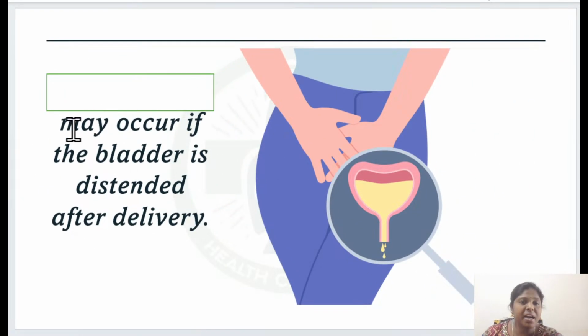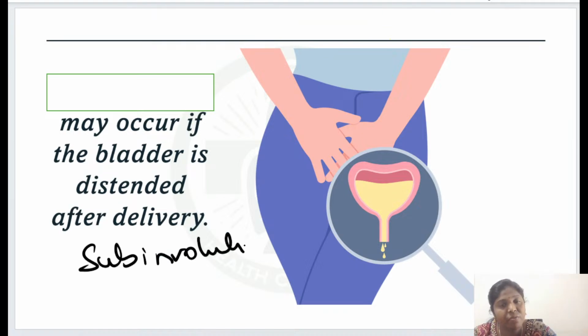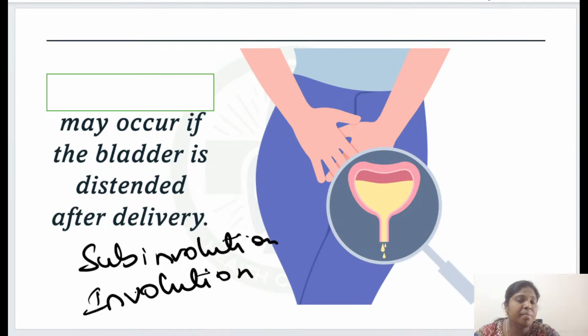Okay. Dash may occur if the bladder is distended after delivery. So what will occur? Whether it is subinvolution or involution? Earlier we discussed the uterine organs going back to the pre-pregnant state in the pelvis, that is called involution, right. So here, when the bladder is distended, if the bladder is full of urine, what kind of process is it, subinvolution or involution?